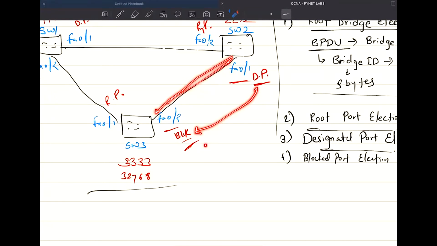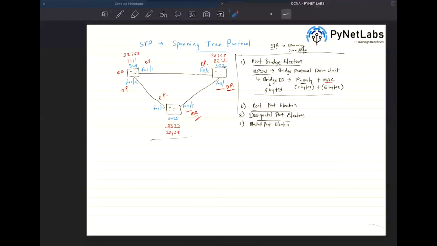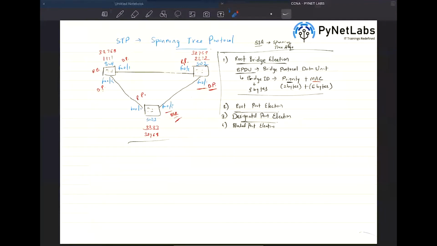We gotta send some traffic ahead. If we keep this as blocked and this as blocked as well, the link will never come up. Make sense? All right. So that is exactly how you select and do all this process.